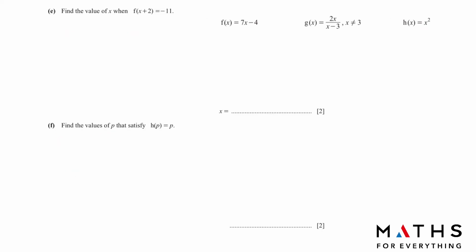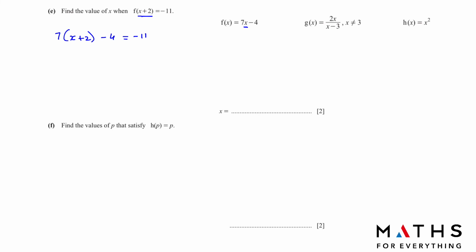Continuing with the next part of the question, find the value of x when f of x plus 2 is equal to negative 11. So in place of x, what are you going to substitute now? X plus 2. So 7 bracket x plus 2 minus 4 is equal to negative 11. This x we substituted with x plus 2. That's it.